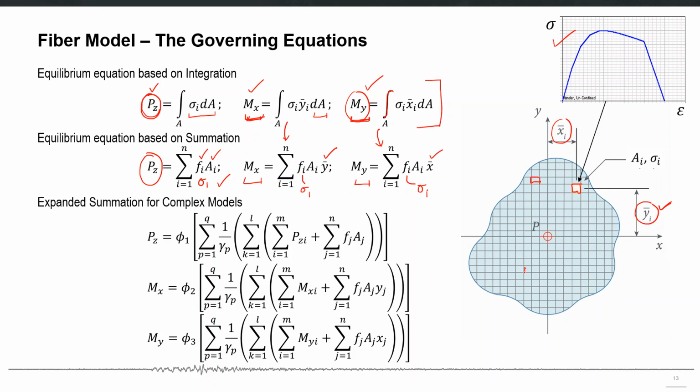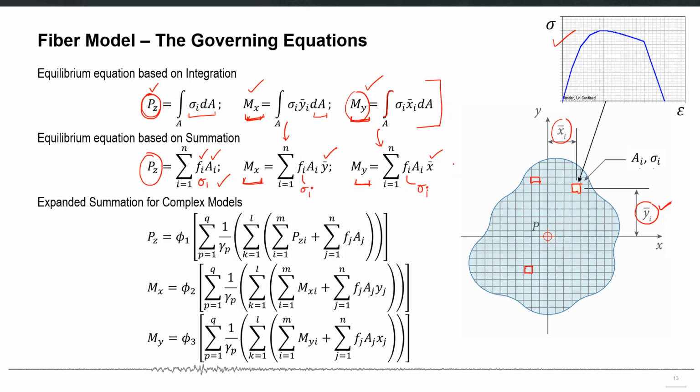If it is here, the x and y will be different. Similarly, the stress strain relationship assigned for each fiber is also different, which means the stresses associated with each fiber will also be different. So all these sigma i values will also be different for each fiber. But you sum them all, you will get the global moment for that whole cross section, and that will be your stress resultant.